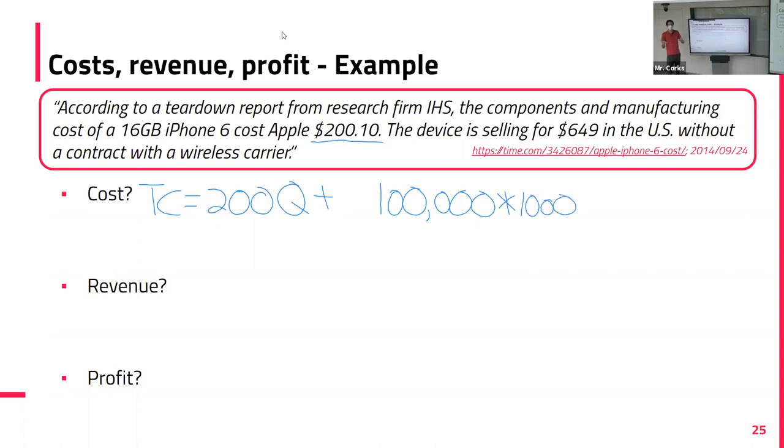So 1,000 people working for 1 year. So 1,000 times 1 year salary, that's a rough fixed cost here. So $100 million for development costs. Okay, so 200Q plus 100 million. Revenue, what is our revenue equation here?